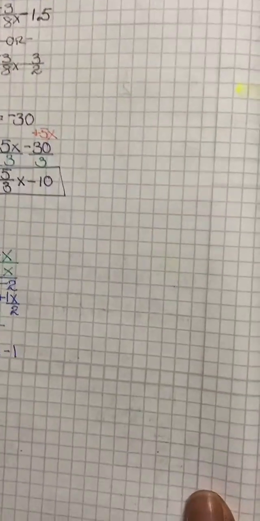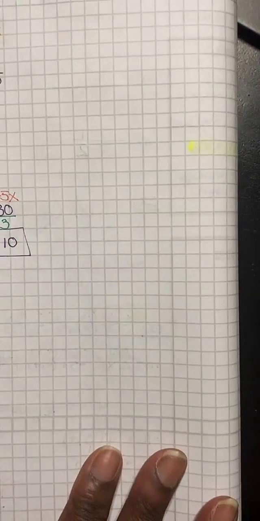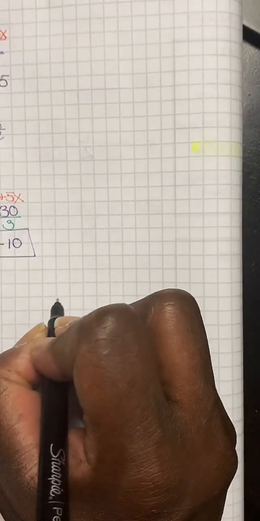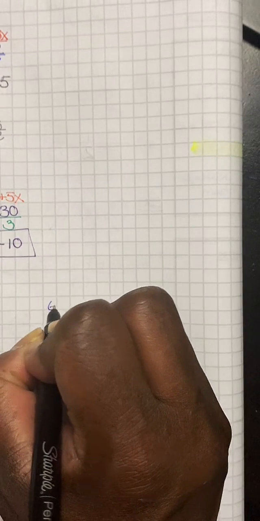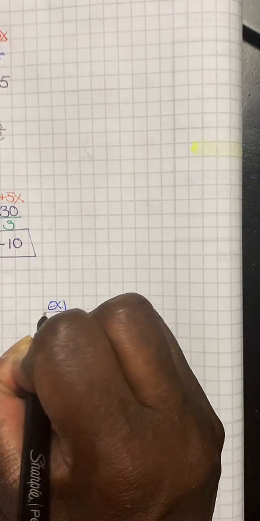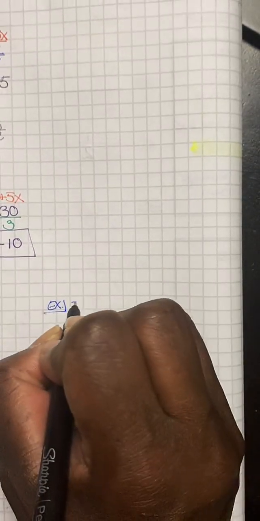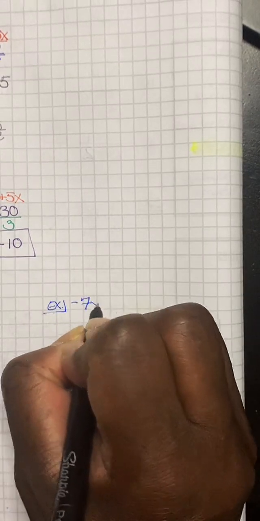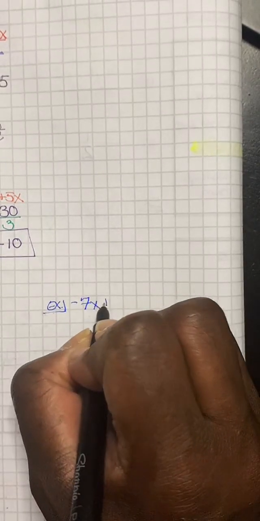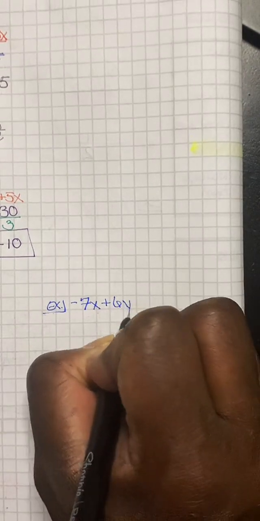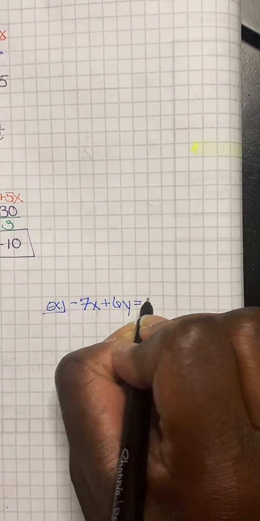All right. Let's do one more. Okay. We're going to end on a good note. So let's try this one. I'm going to put it right next to this. And we have negative 7x plus 6y is equal to 21.